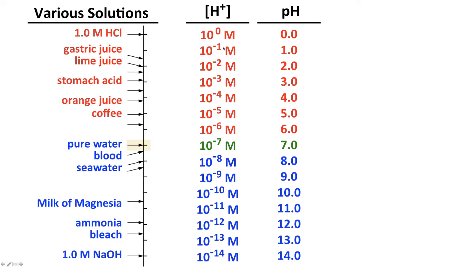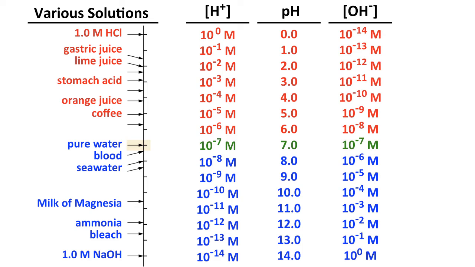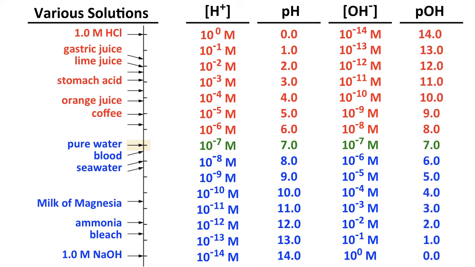And now we can bring in some representative solutions and their pHs, ranging from 0.1 molar HCl through 1 molar HCl through 1 molar NaOH, and a bunch of common substances in between with their approximate pH values. But now we note that aqueous solutions contain not just H+, but also OH-. And here is what we get.